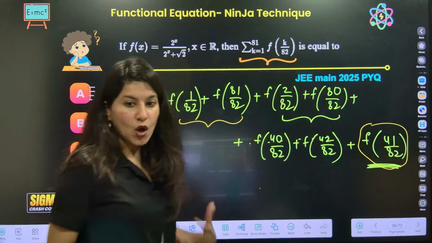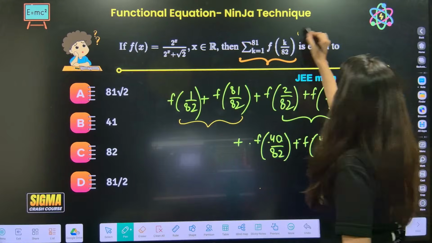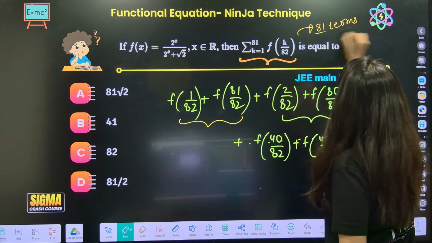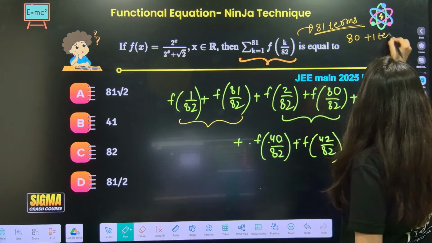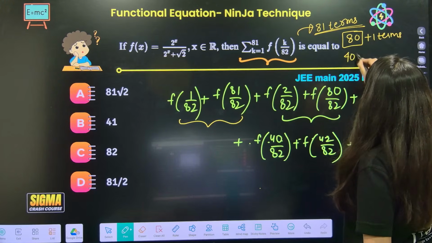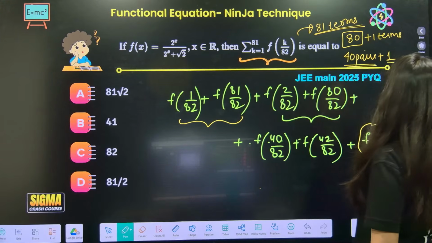Why? Because understand, you are distributing how many terms? 81 terms you are distributing pairwise. So obviously there will be 80 plus 1 term, and the 80 terms over here will be 40 pairs plus 1 left out term.